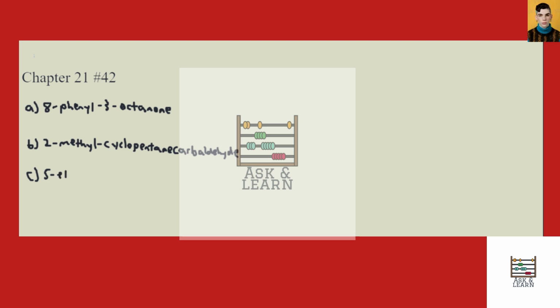So rather than 2-methyl 5-ethyl, this is going to be 5-ethyl 2-methyl, because E comes before M in the alphabet. Then cyclohex for our 6-membered ring, and one for our ketone. So 5-ethyl 2-methyl cyclohexanone.